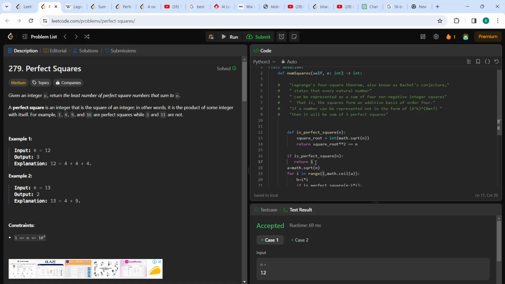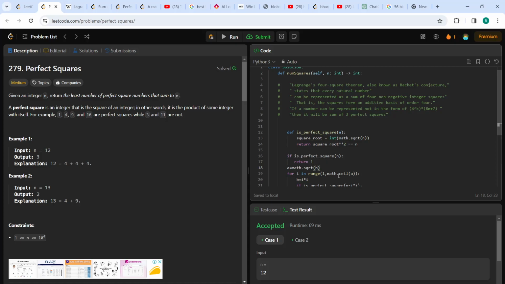The next thing is, can it be a combination of two squares? For that, what I have done is I found a, which is math.sqrt of n. Let's say the number is 35. The square root will be 5 point something. So I need to iterate up to 5. How could I iterate up to 5?